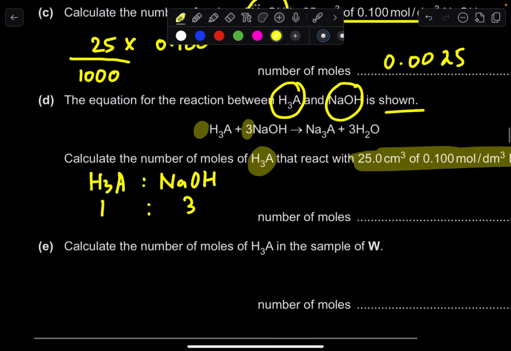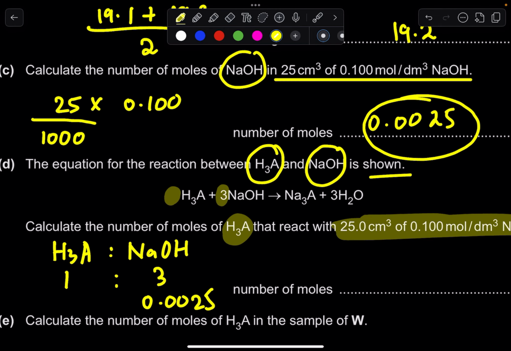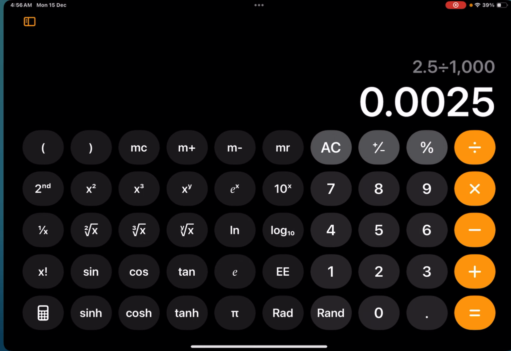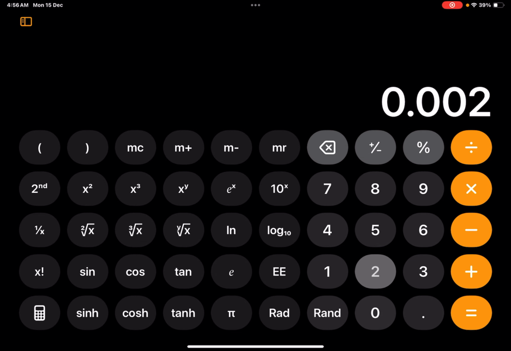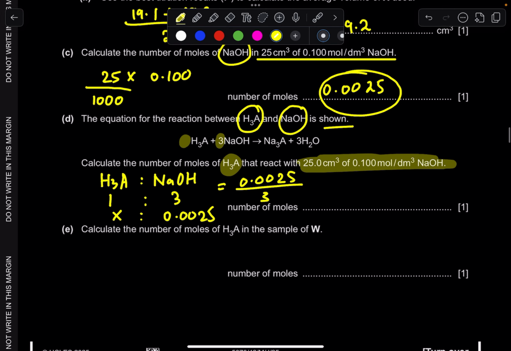So if I have 0.0025 moles of NaOH, which I figured out over here, I'm going to have X moles of H3A. X is 0.0025 divided by 3, which is 0.00083.